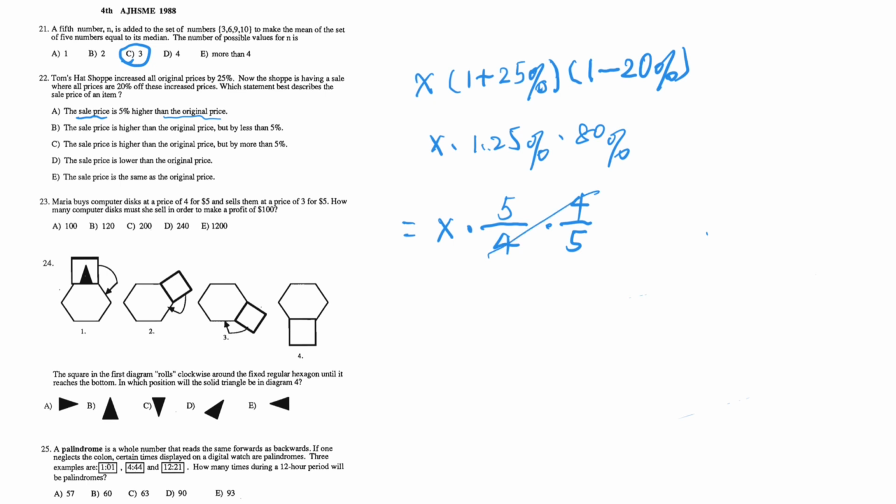Now cross cancel. So the sales price is still X. That means the sales price is the same as the original price. So that's the answer E.